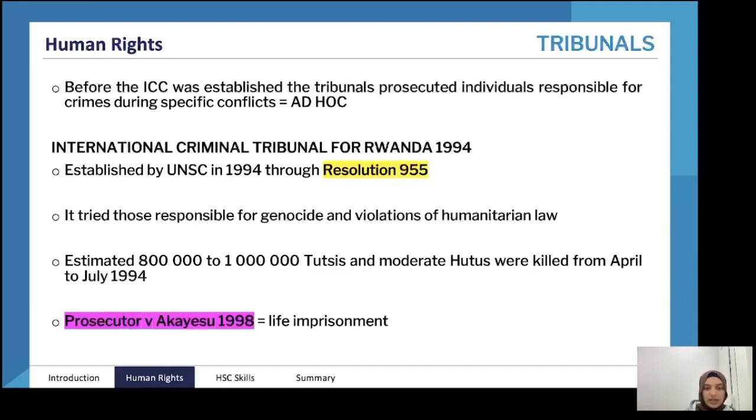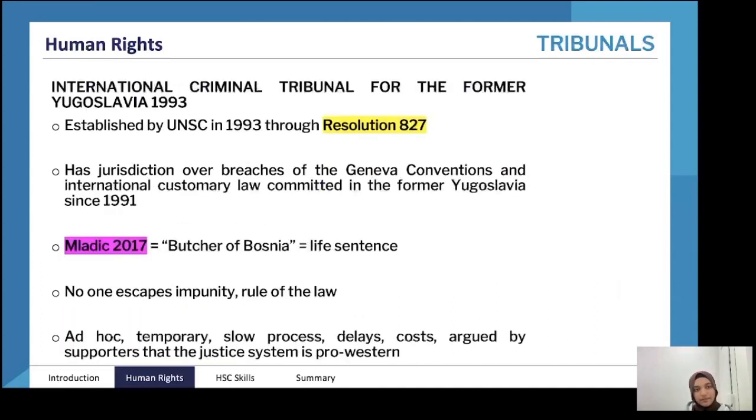It's estimated that 100,000 to 1 million Tutsis and moderate Hutus were killed from April to July of 1994. They had another case which resulted in life imprisonment.